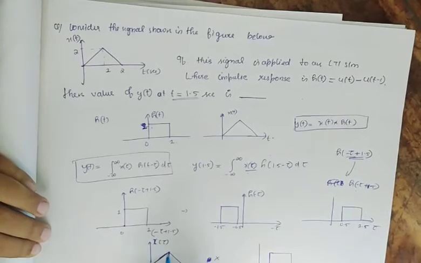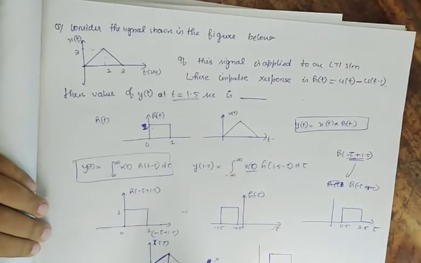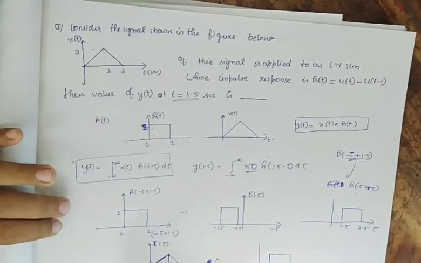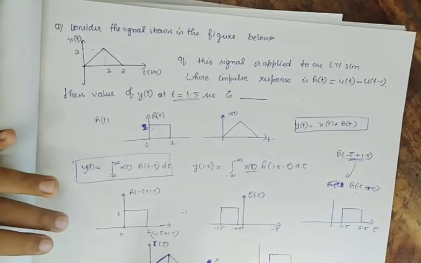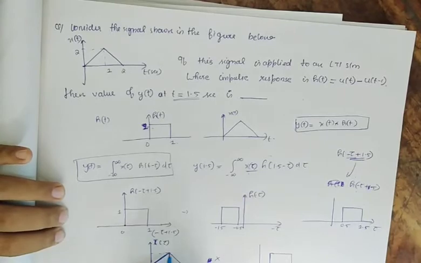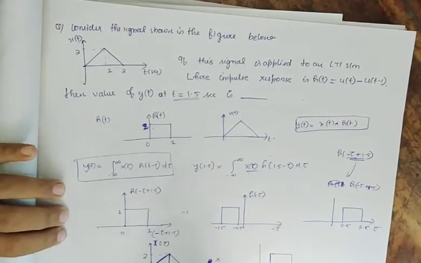This is a ramp signal, right? From 0 to 1, this is a ramp signal with slope.